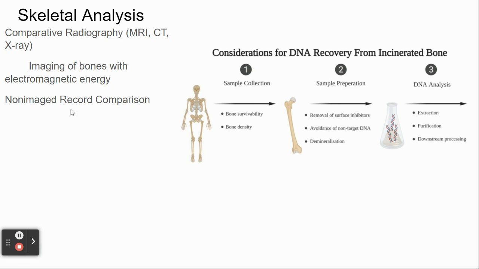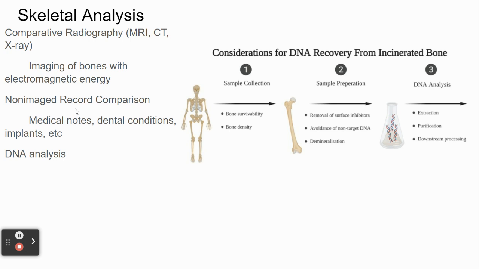Non-imaged record comparison, what that simply means is we're looking primarily at dental records as much as anything. If there's some type of implant that's been done, so maybe somebody has a dental implant that's been made in modern times, dental implants will have serial numbers and things like that on there that can help identify individuals, right?